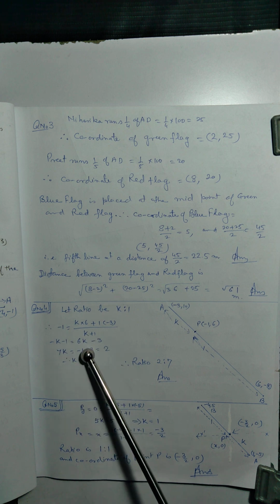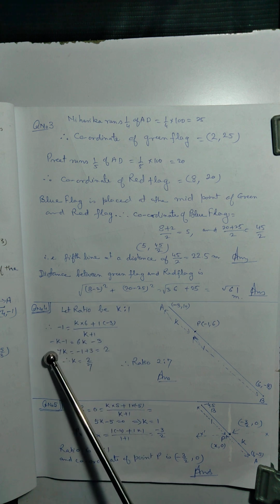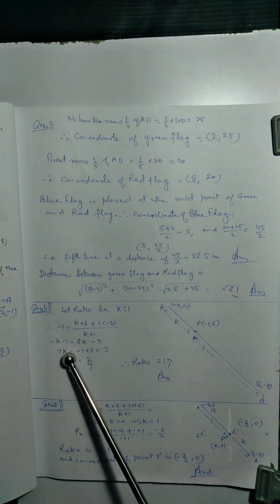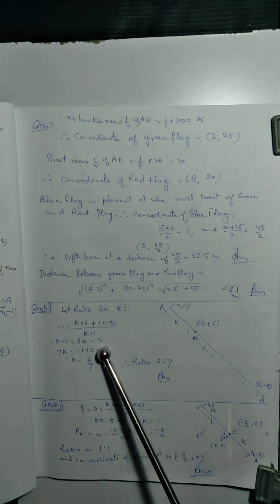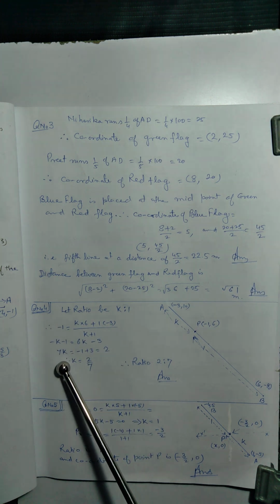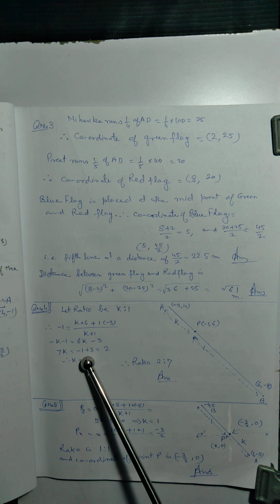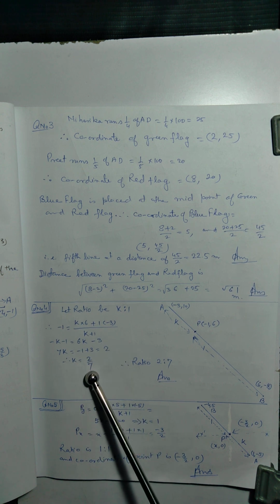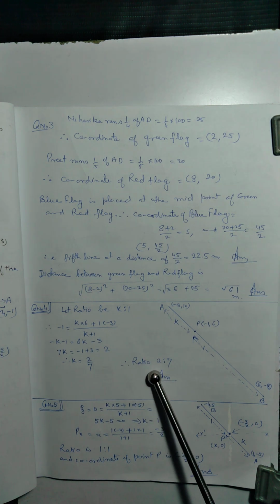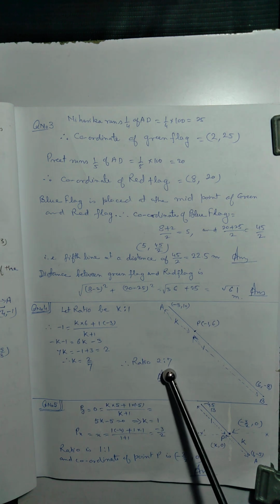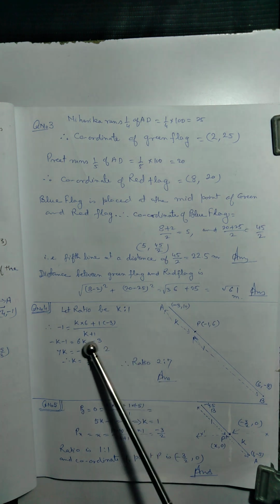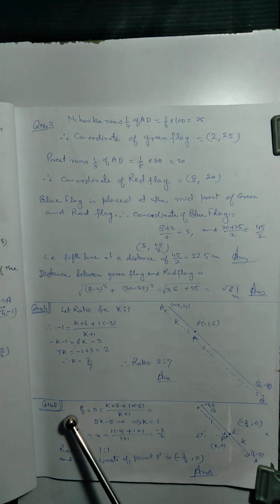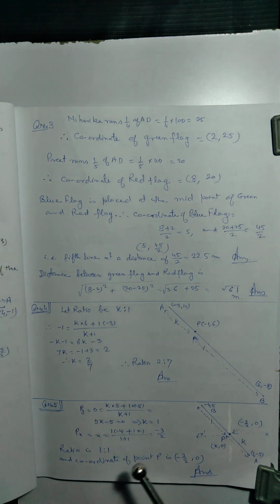Solving it, you will get minus k minus 1 equal to 6k minus 3. Ultimately you will get 7k equal to minus 1 plus 3, that is equal to 2. So k will be equal to 2 by 7. Hence the ratio is 2:7. This will be the answer of question number 4. Now proceed to question number 5.